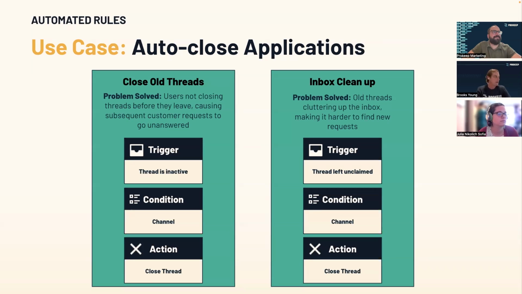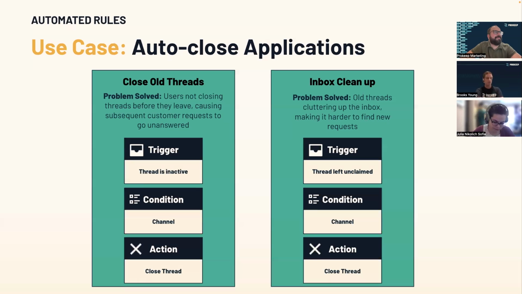The next one has to do with more of the applications. As we look at this, there are two problems that we're addressing and solving for, right? Closing the old threads and then the inbox cleanup. If we look at the closing of the old threads, this is for the users at your branch. They aren't closing out the threads, perhaps, when they leave for the day, right?